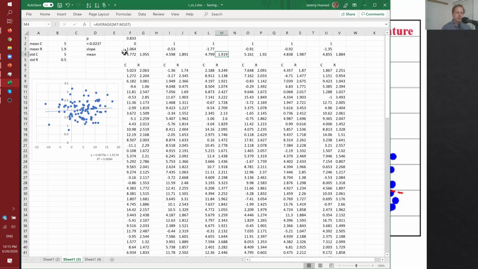And what I've done, you can see here at least for the first one, is plot it. And you can see in this case there's actually a slight positive slope. I've calculated the slope for each just by using the slope function in Microsoft Excel.